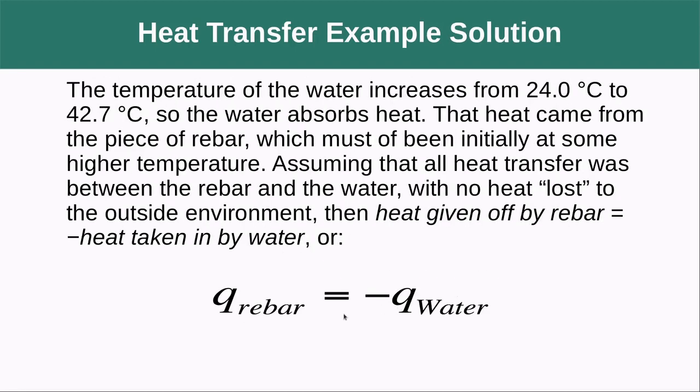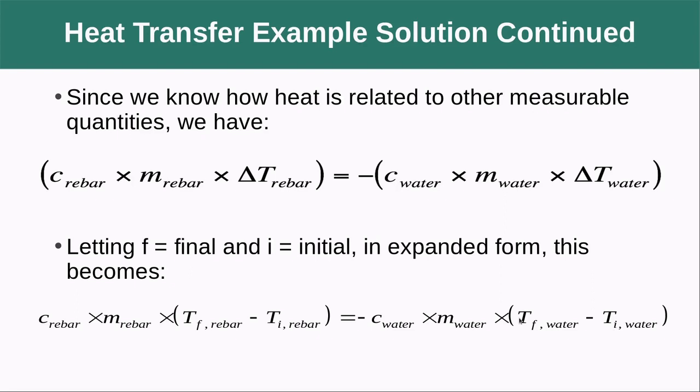So the first thing that we need to recognize here is that the heat lost by the rebar is going to be gained by the water, and therefore Q rebar is going to equal negative Q water. Now we're going to substitute in our definitions for heat.